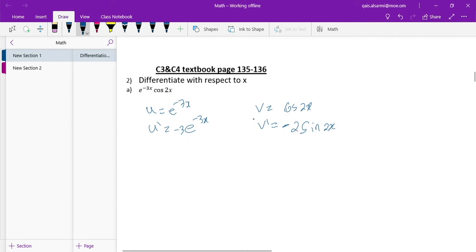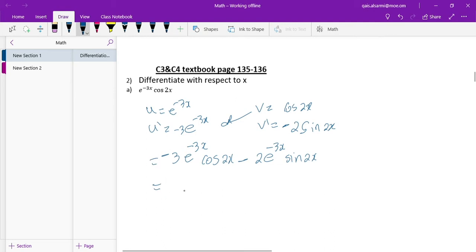which is 2. So the derivative will be, try to rearrange it, negative 3e power negative 3x multiplied by cosine 2x minus 2e power negative 3x sine 2x.